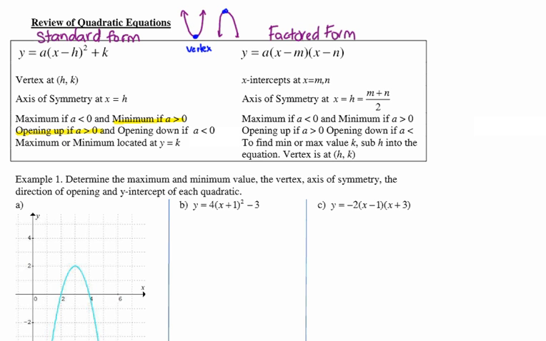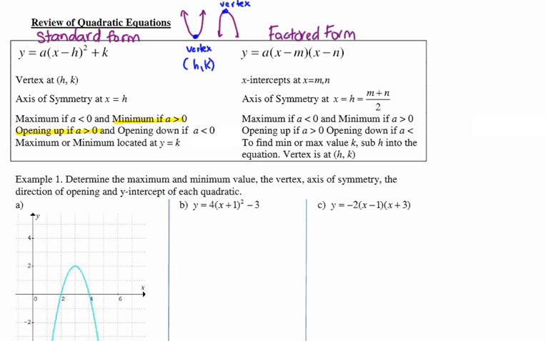Here or here. Okay, that's your vertex. And when I ask you what the minimum or maximum value is, it's always in terms of y. So the max or min is located at y equals k, so this vertex is always (h, k). So that would be the minimum.